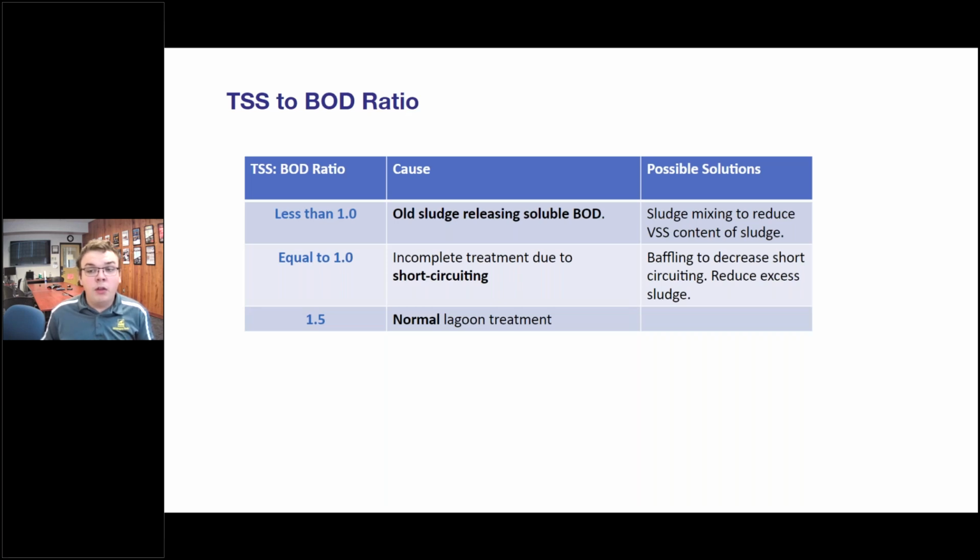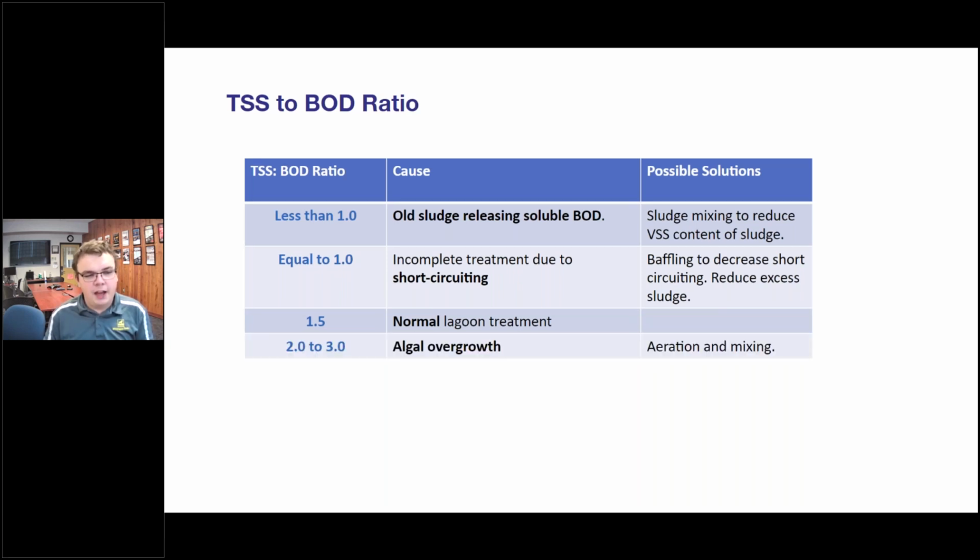And then if you go the other way, you can have it much higher than 1 or 1.5, where you get to 2 or 3, and that's typically a sign of algae overgrowth, where it's kind of hiding some of that BOD just by producing more oxygen, putting a lot more solids into the solution. That has to be managed by adding more oxygen, more aeration, more mixing to compensate for that increased load on the system.